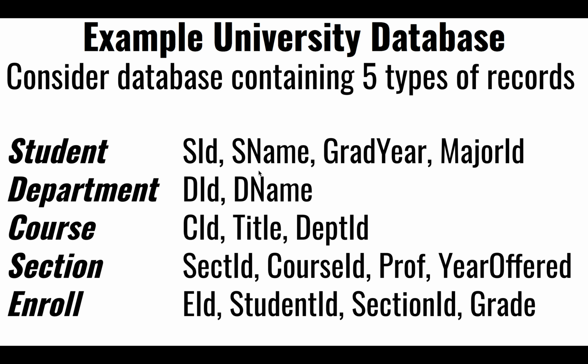This is one of the first clues that these data points are not just floating around on their own, collecting all the students and all the departments over here and all the courses over there, but they're actually the relationships between students and departments and sections, and students are enrolled in sections.